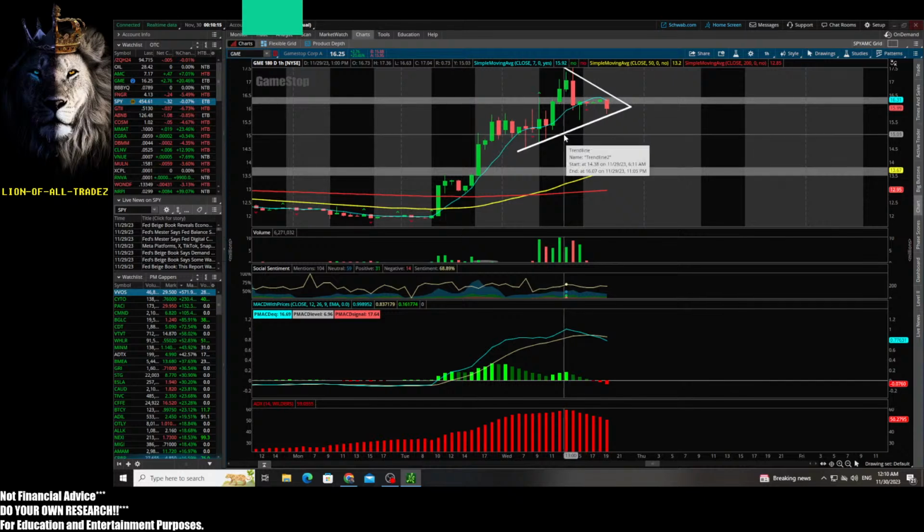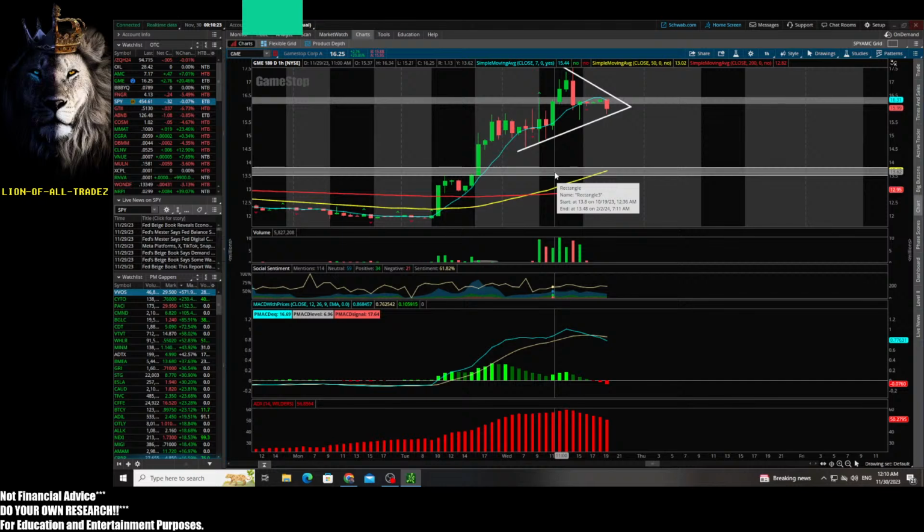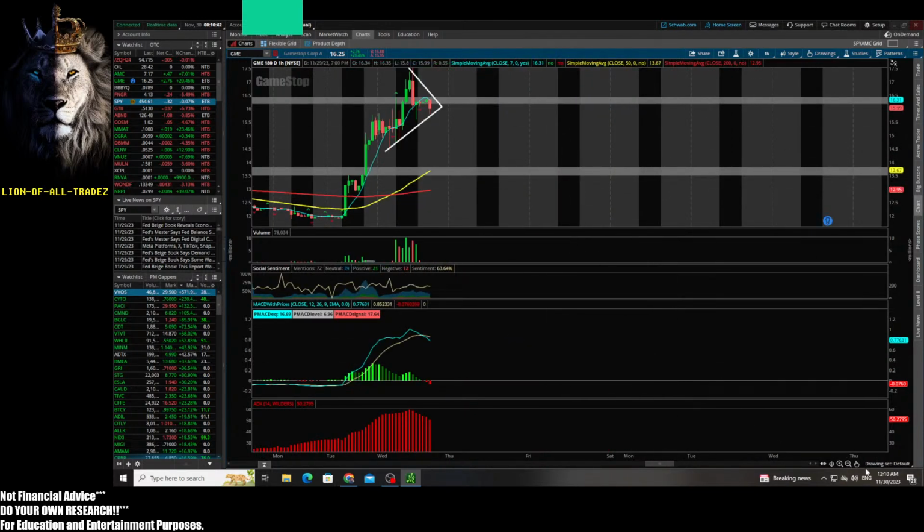Again, like I said, if we pull back to 15, that would have to be the next level of support. And if it breaks below that, then 13.67 on the 50 simple moving average, to 14. I really hope not, because honestly I would love to see this break out even more.